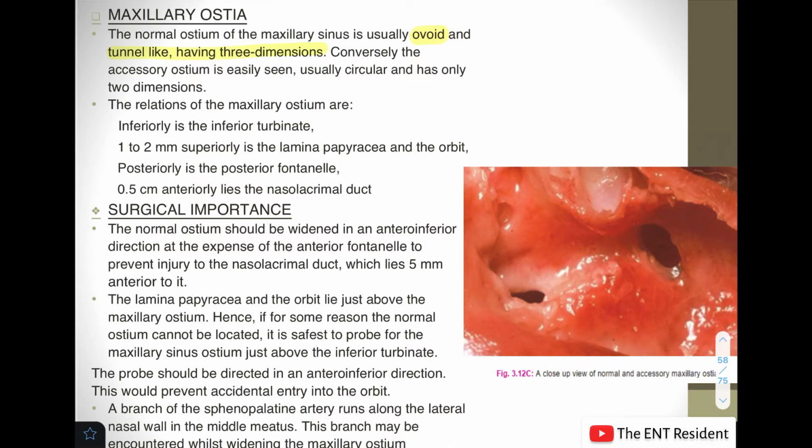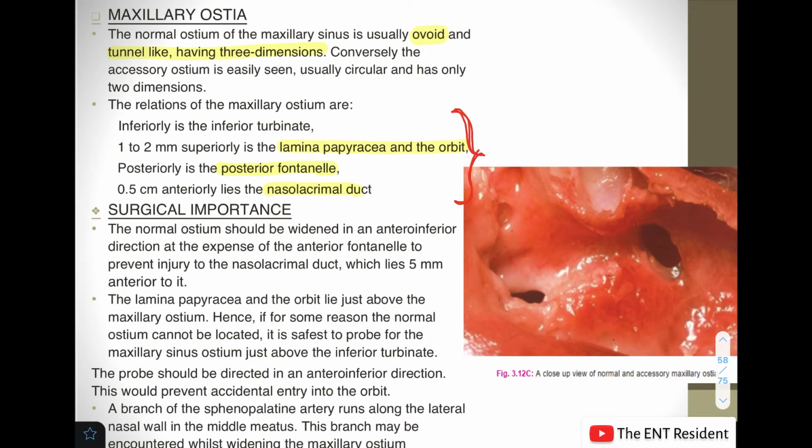And the relations of the maxillary ostia is that inferiorly is the inferior turbinate, 1 to 2 mm superiorly is the lamina papyracea and the orbit, posteriorly lies the posterior fontanelle, and 0.5 cm anteriorly lies the nasolacrimal duct. So this relation is very important to know in relation to the maxillary ostia.